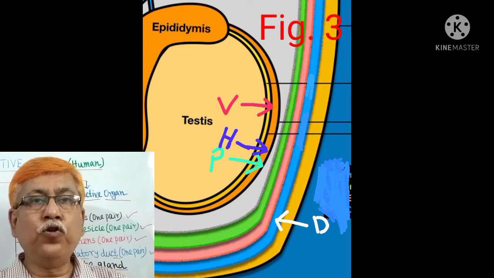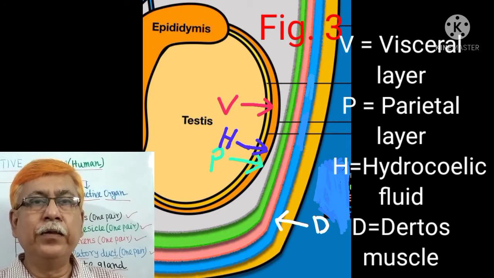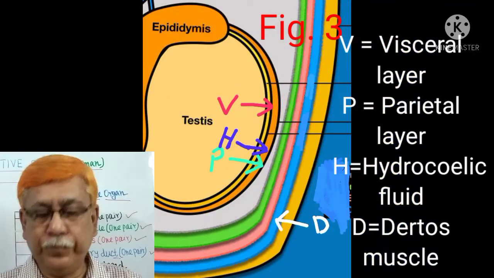Internally, scrotum has two layers, parietal layer and visceral layer. Visceral layer covers testis and epididymis. In between parietal layer and visceral layer, there is a fluid called hydrocele fluid.